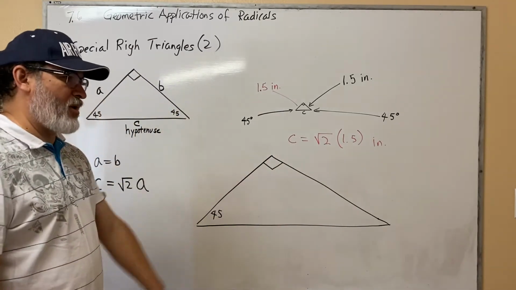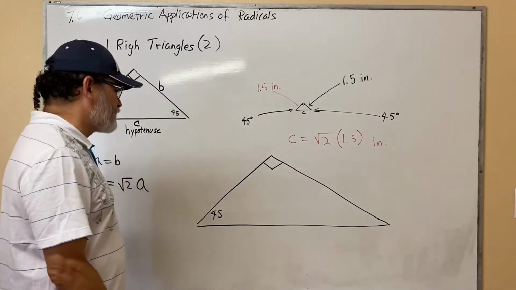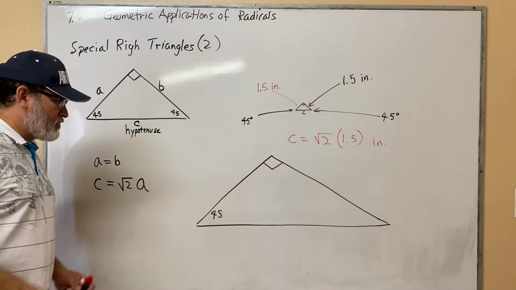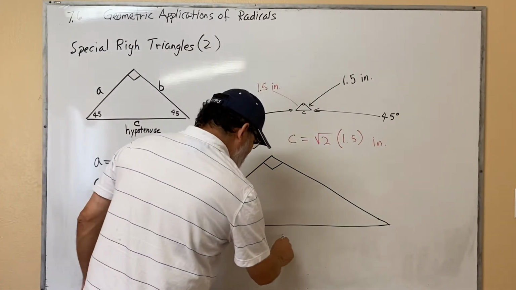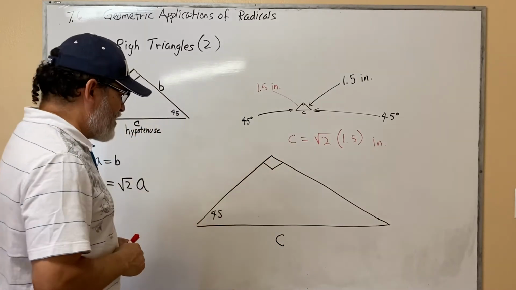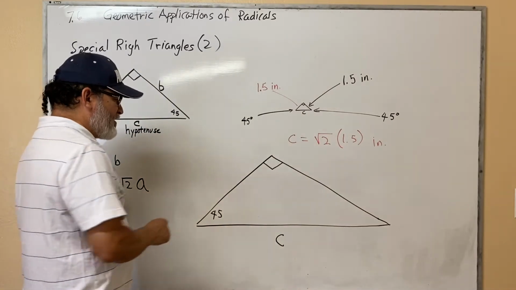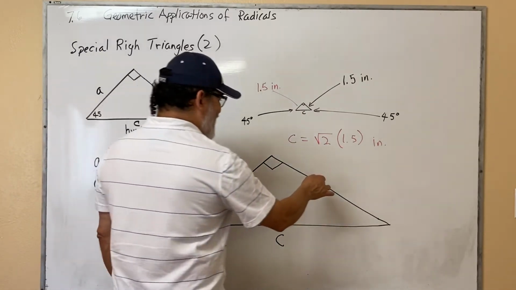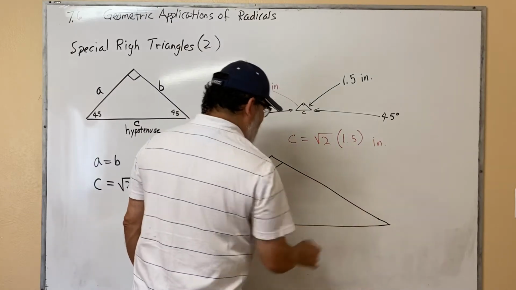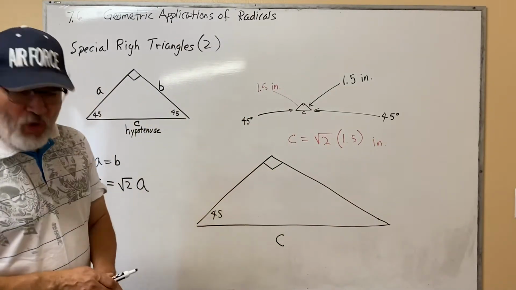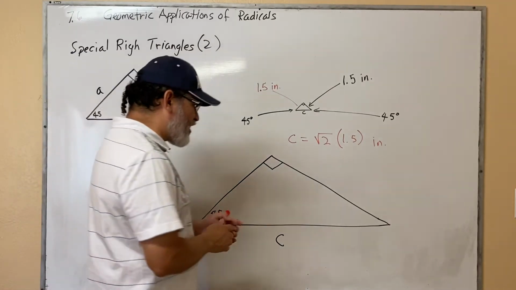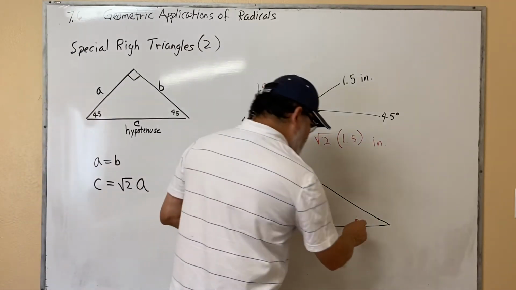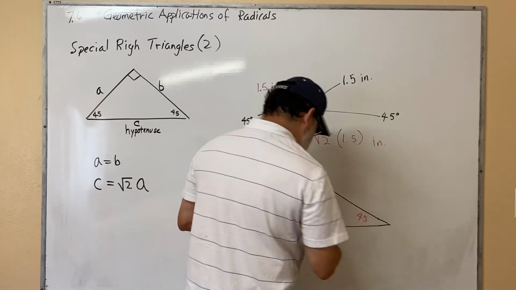I don't have to give you that one. Remember that. Because this is 90, this must be C. And because this is 45, this must be A, and that must be B, and that's 45. A and B are equal. Once you know that this is 45, then you can write yourself 45 there.